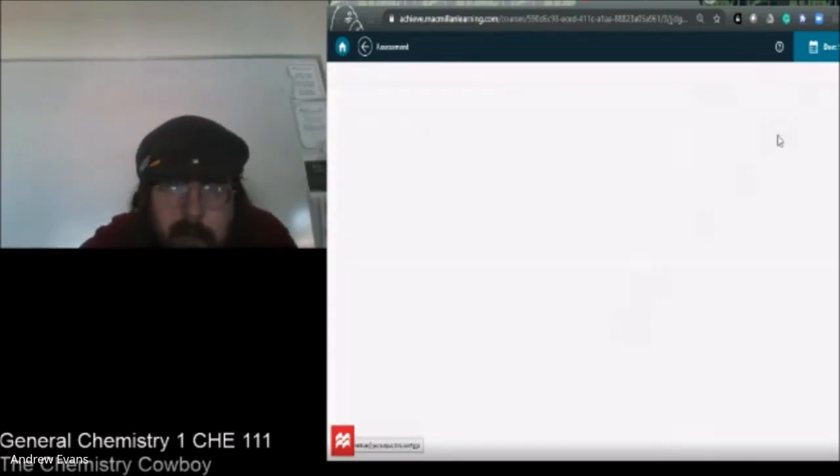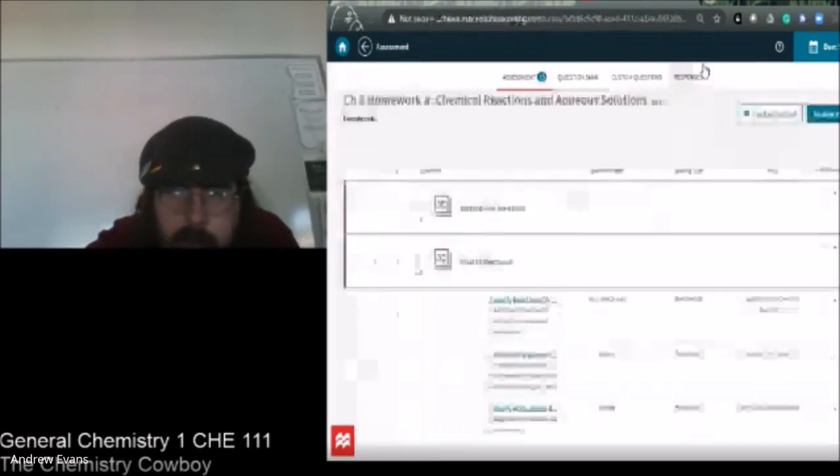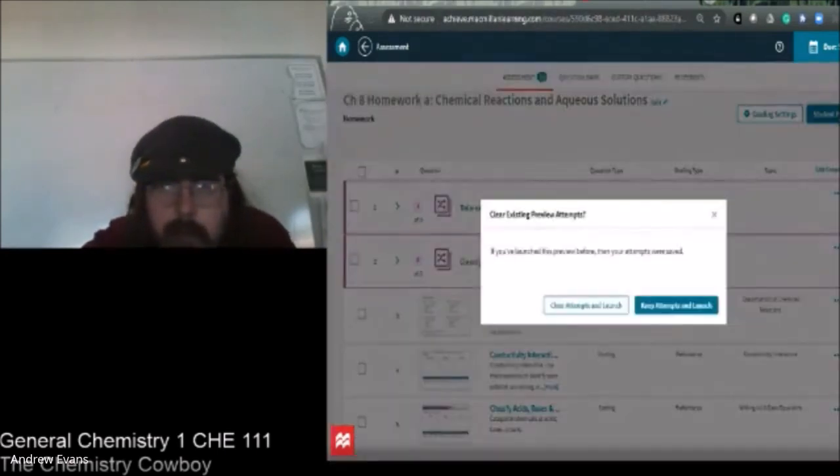Let's look at the other set of assignment. The other set is basic balancing equations and also precipitation reactions.